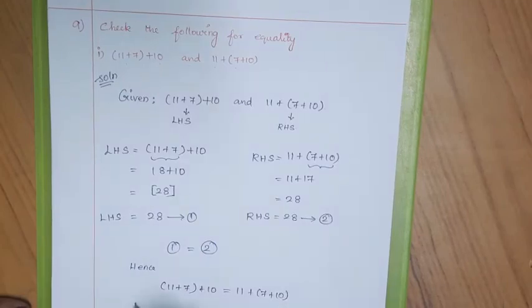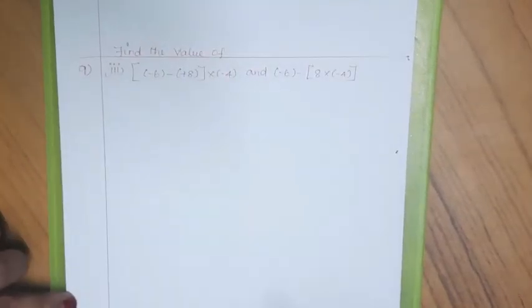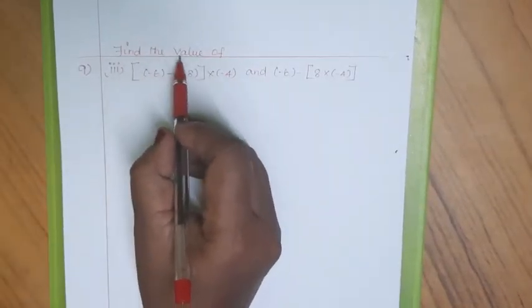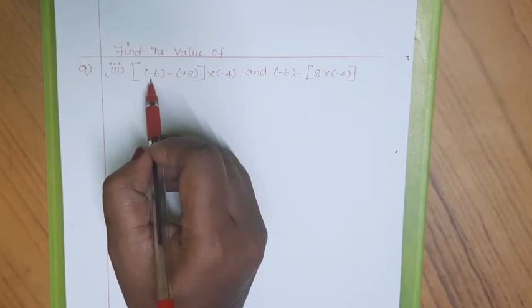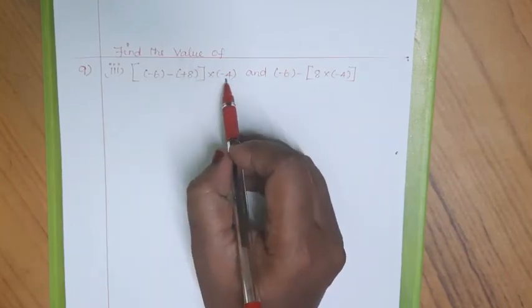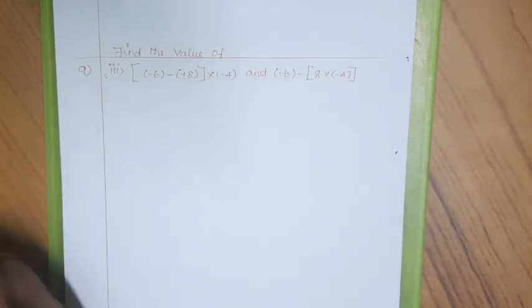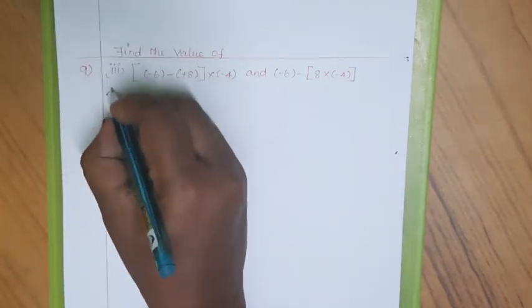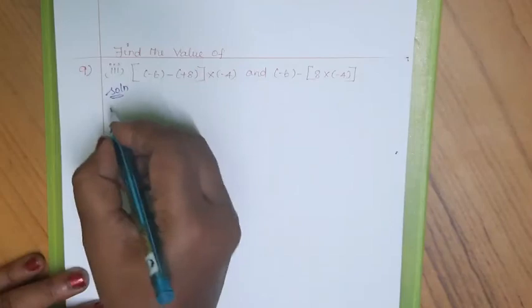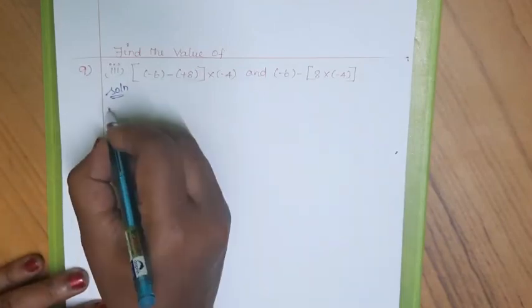Let's see question number 9, third subdivision. Find the value of minus 6 minus of plus 8 into minus 4 and minus 6 minus of 8 into minus 4. First, let's take the left hand side.